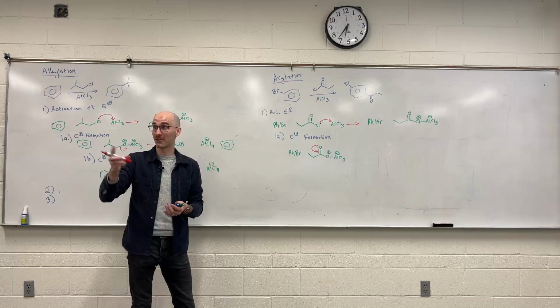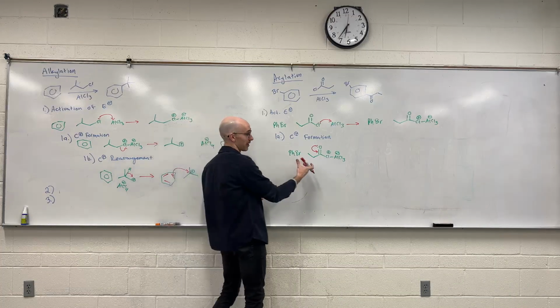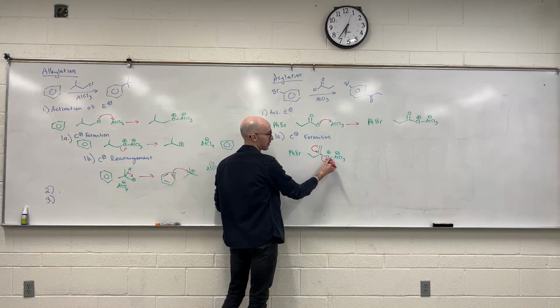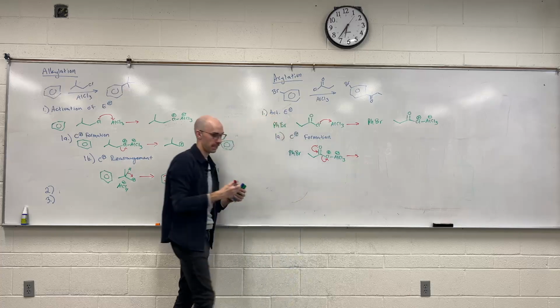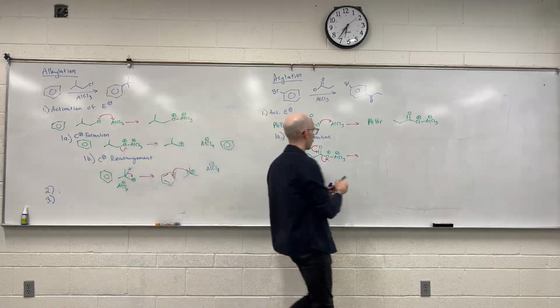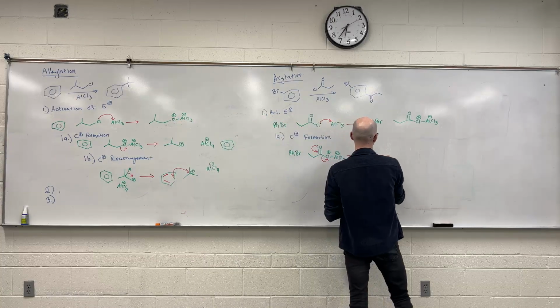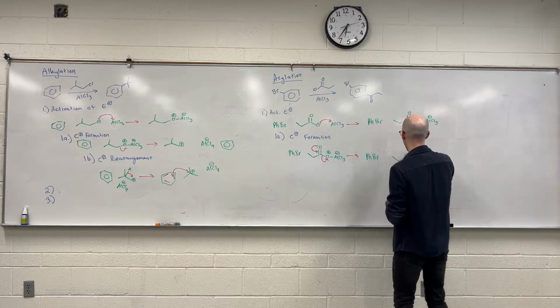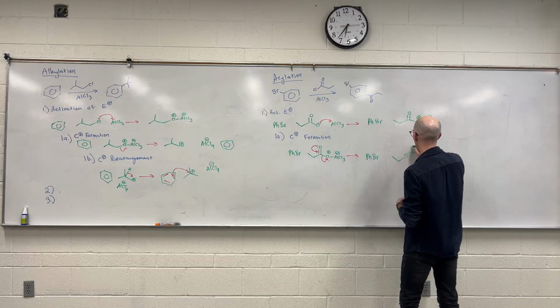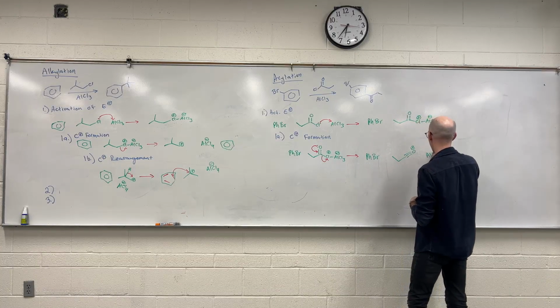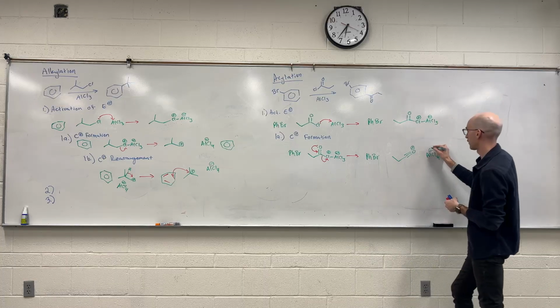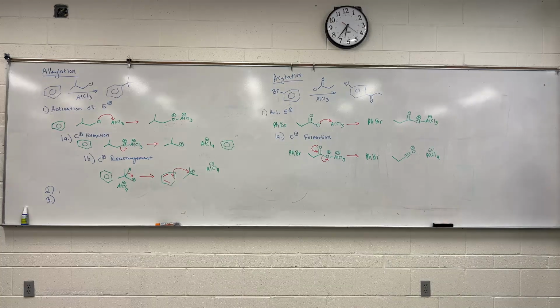I know, it's weird, right? Because now that carbon's going to have to kick something off, so it kicks off the chlorine. Which means that now that carbon and that oxygen are triple bonded to each other. And the oxygen holds the positive charge.